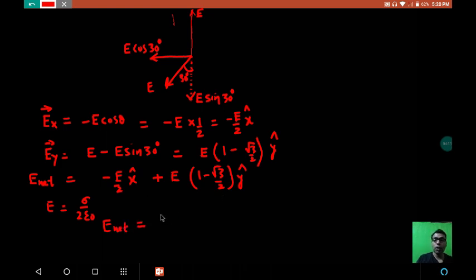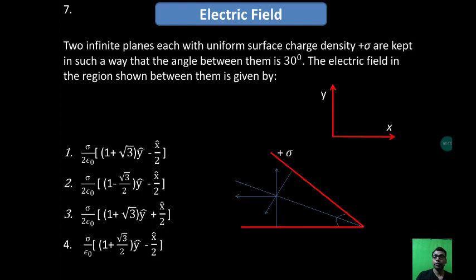We take E common, put the value of E as sigma by 2 epsilon naught, and inside we take the positive side, 1 minus root 3 by 2 y cap minus x cap by 2. So this is the answer. Let us check the options. That comes to be this, with minus x by 2. This is not correct. So this is the only answer.